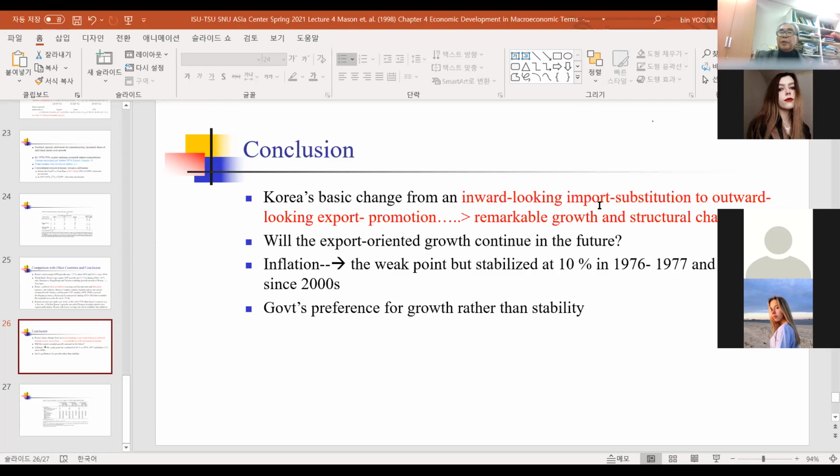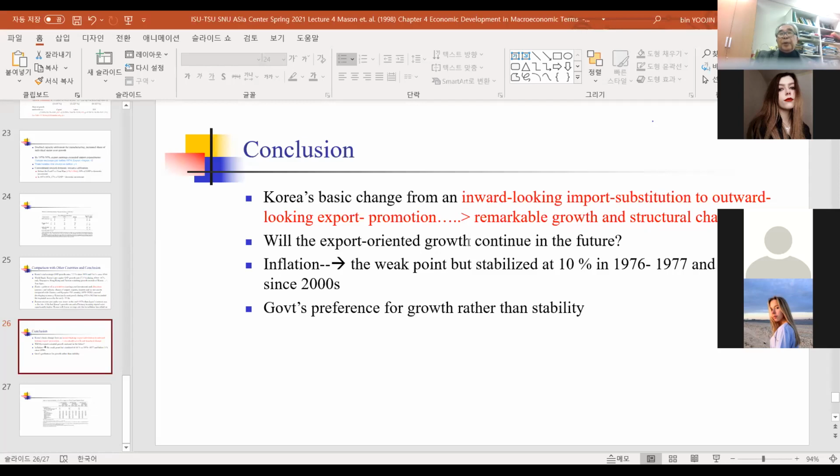They could only substitute some imports during the 1950s. But they became an outward-looking export promoter. Remarkable growth and structural change occurred. This is a fascinating transformation of the Korean economy.